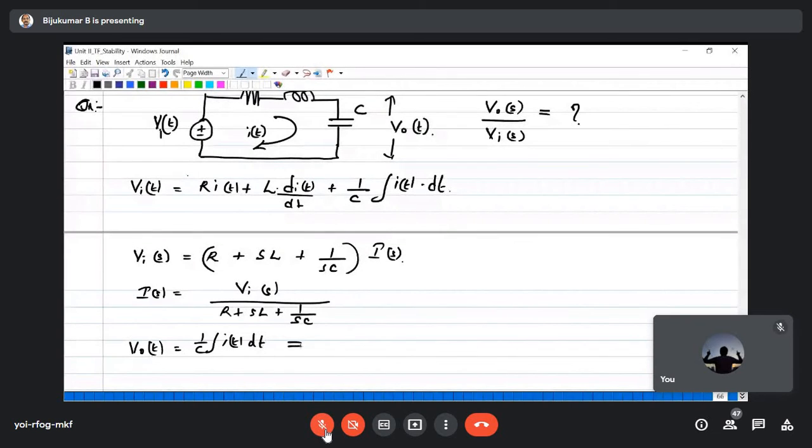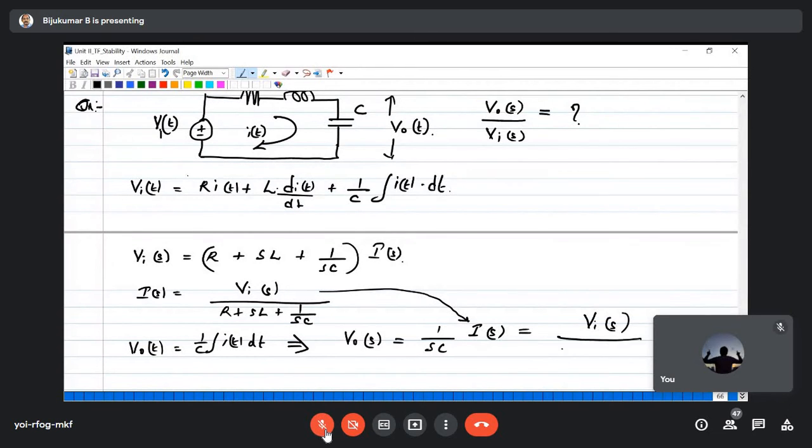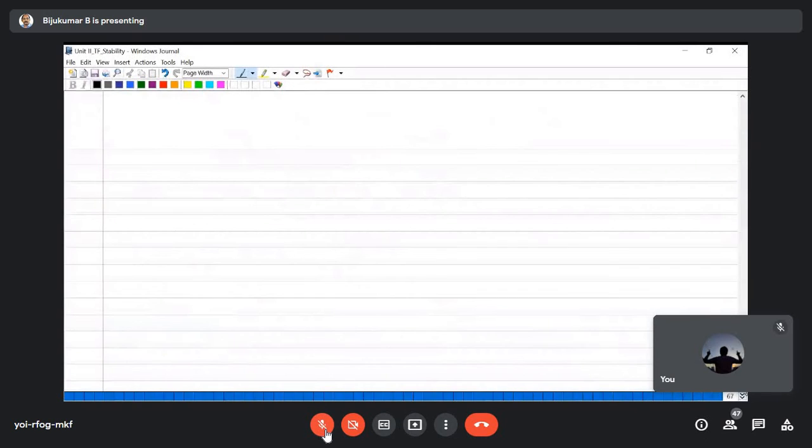So in the S domain we can write V out of S is equal to 1 by SC I of S. You already know what I of S is. Substitute here. Then the equation becomes Vi of S divided by SC multiplied by R plus SL plus 1 by SC, right? So rearranging this, we can find out the transfer function.